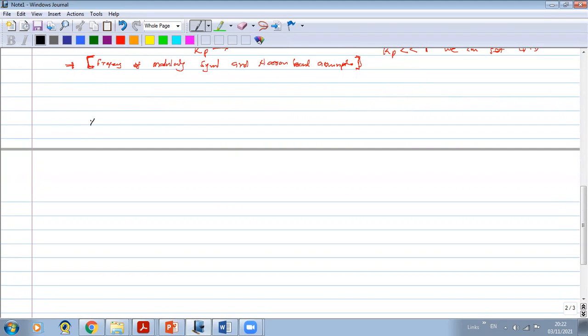So if you are doing the narrowband assumption, I will write the signal again. It will be like this: Ac cos(ωct + φ(t)). In narrowband assumption, we assume that this φ(t) is very less than 1.